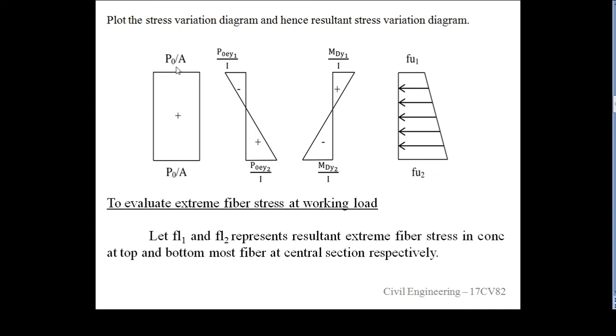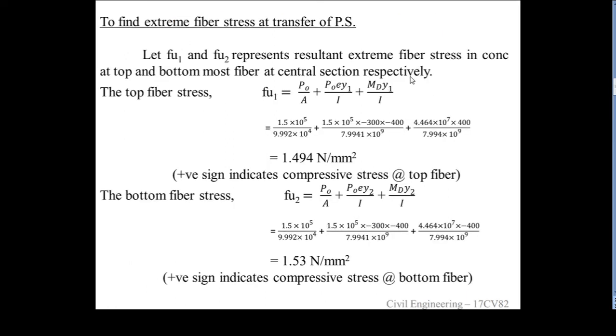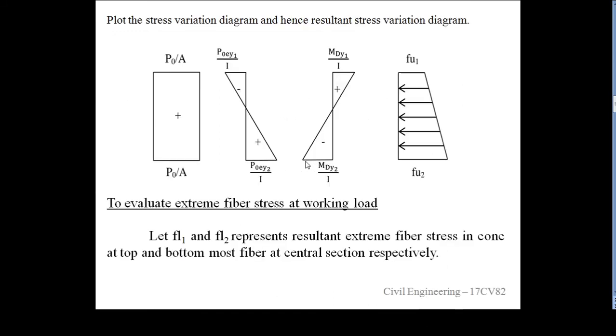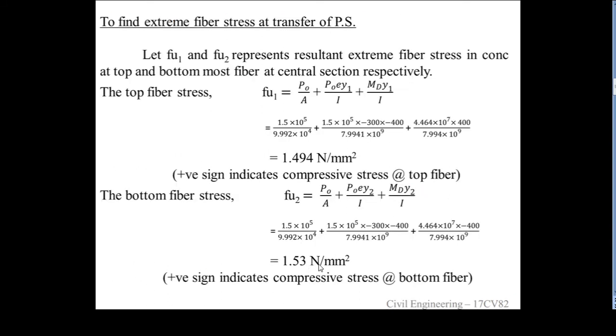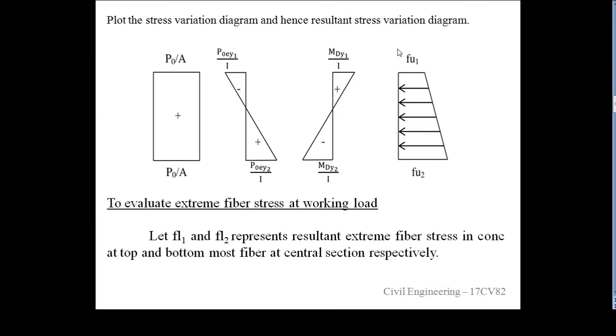This combination of positive, negative, then positive gives the Fu1 value, which is 1.494. Then the bottom value is 1.53 Newton per mm square. This value is Fu2, and Fu1 is this one.